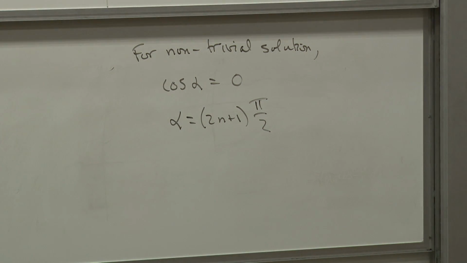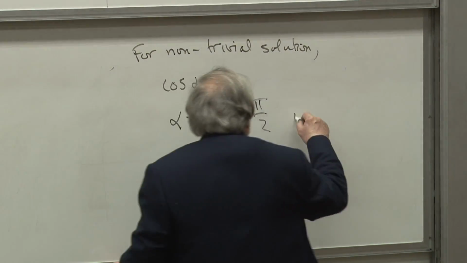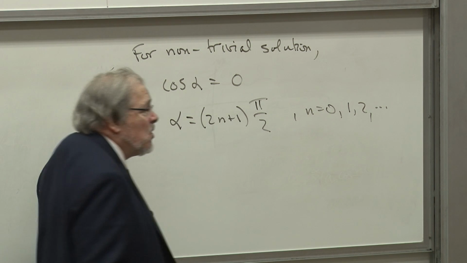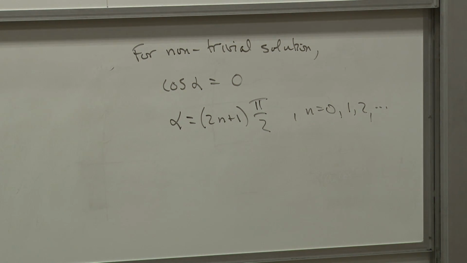I tend to write odd numbers as 2n plus 1. If you want to write it as 2n minus 1, that's the same thing. It's just a question of where you want n to start. I started at 0. So that's alpha.